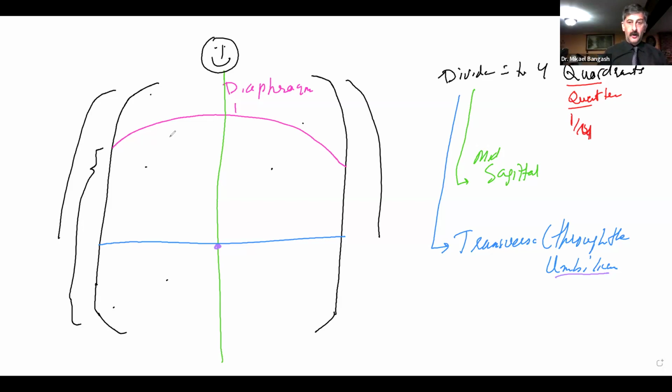So the 4 quadrants are the right upper quadrant and the left upper quadrant. Likewise here, the right lower quadrant and the left lower quadrant.